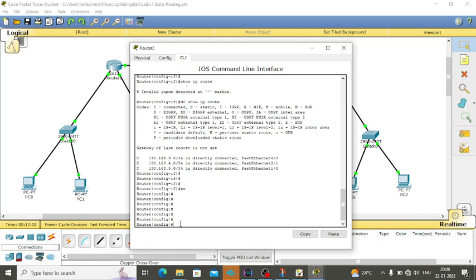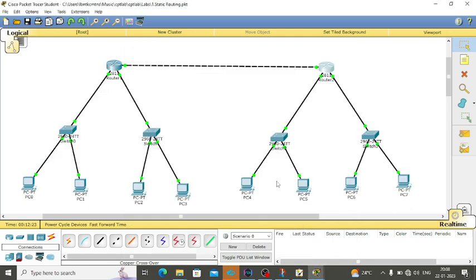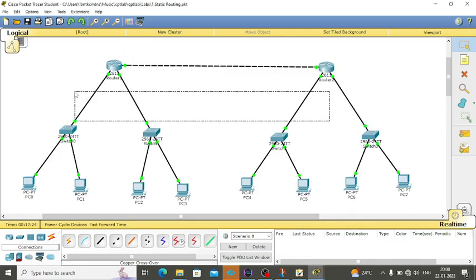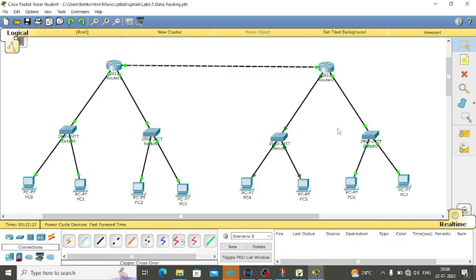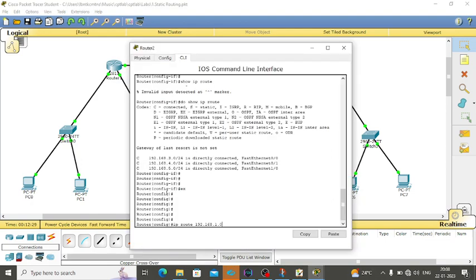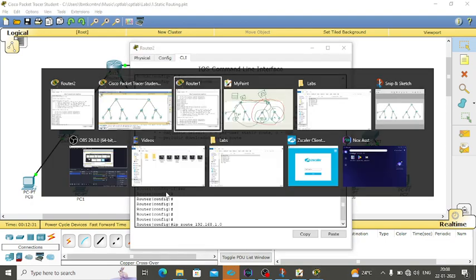So now we have these three networks only. So now we want to configure that right now here. So ip route 192.168.1.0. So now we want to reach 1.0 from here to here, right? So that's the reason we will configure 1.0 and 2.0. It's not reachable, right? We also know that.